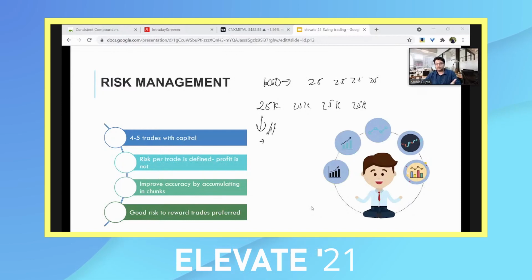Depending on your risk capacity, you can decide it, but it is not advisable to risk more than 2%. So 1% is something very easy. So let's say I have to risk 250 rupees, which is 1% in this particular trade. If my stop loss, as per my entry exit criteria, is coming as 10 rupees or 10 points, and I can lose maximum 250 when that stop loss is hit, then the quantity is very simple: 250 divided by 10 equals 25.